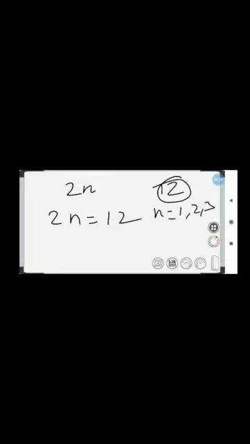First, instead of n put 1. 2 into 1 is 2, which is not equal to 12. Next, 2 into 2 is 4, not equal to 12. Next, 2 into 3 is 6, not equal to 12. Next, 2 into 4 is 8, not equal to 12.